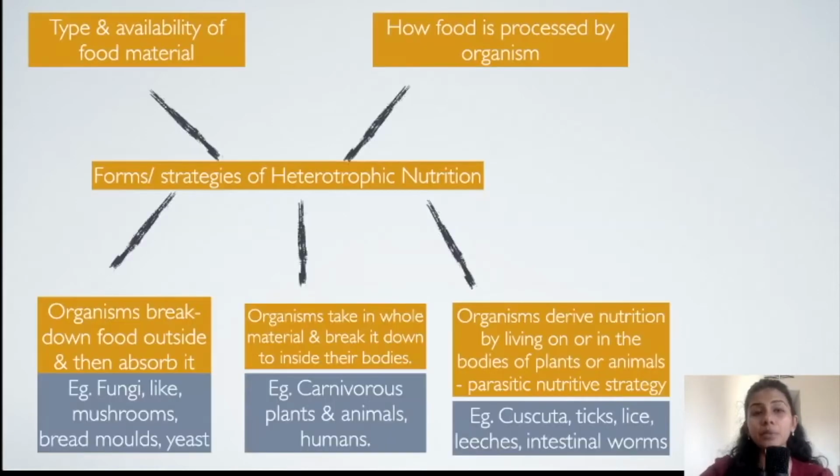Depending upon the type and availability of food material and how the food is processed by the organism, there are different forms or strategies of heterotrophic nutrition. One form is one in which organisms break down food outside their body and then absorb it in that simplified, broken down form.